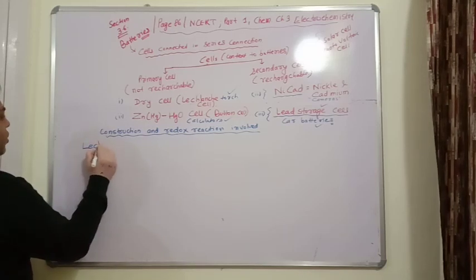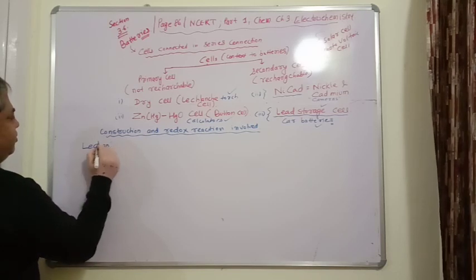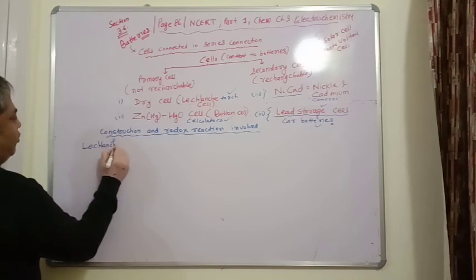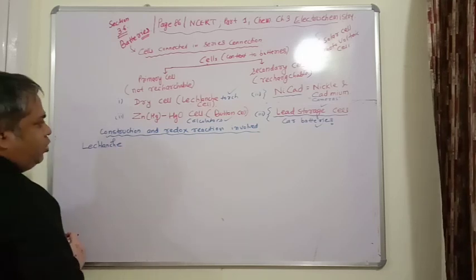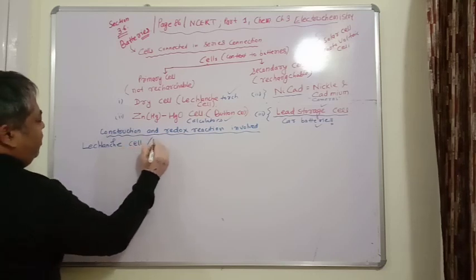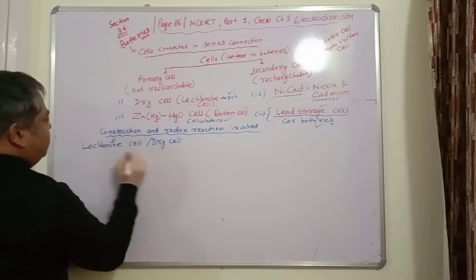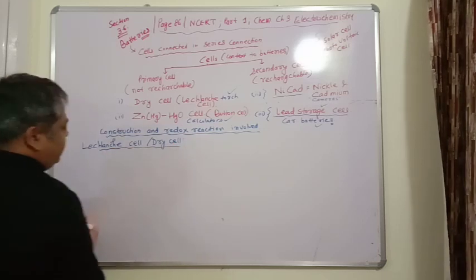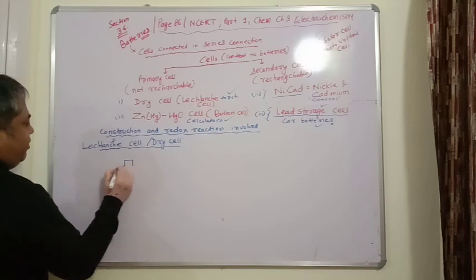The cell which you might be using from your childhood itself. In your toys, in your torches, this is used a lot. Leclanché cell or dry cell. What do we see there? We see a shiny metallic cap and a metallic container.